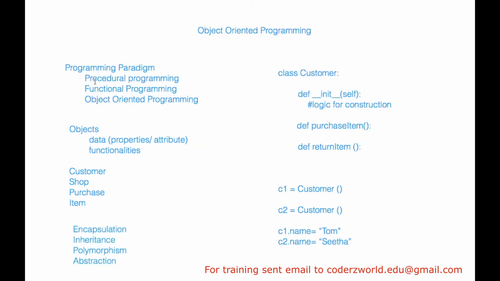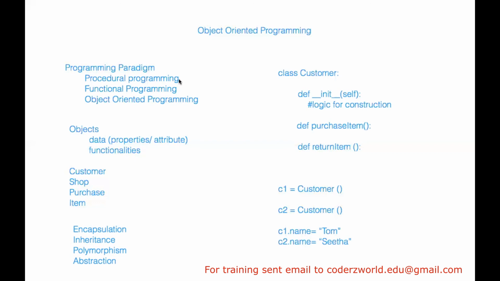Here we discussed some of the programming paradigms like procedural programming, functional programming, object-oriented programming. So what type of programming paradigm does Python support? Python supports all these styles of programming. If you want to develop your application in a procedural way, we can develop it like C programming.